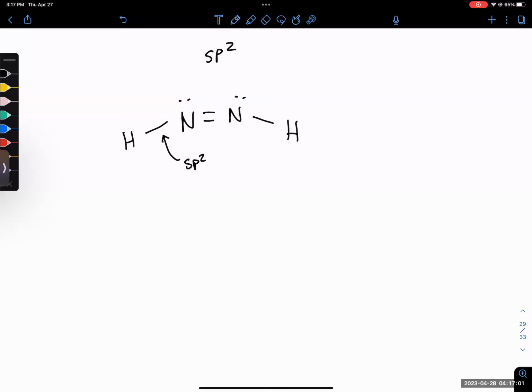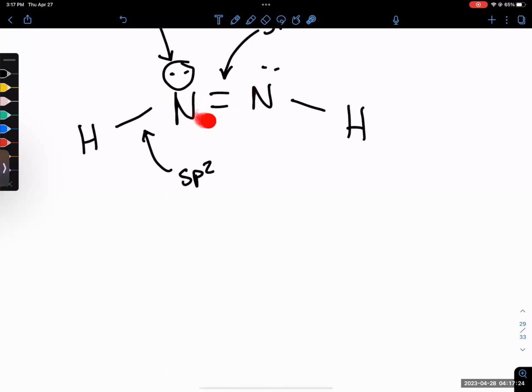How many sigma bonds are in the double bond? 1. So that's composed of an sp2 hybrid orbital. And we know that our electron pair must reside in what kind of orbital? The same kind, sp2. The only electrons that are not in a hybridized orbital are when you have either a double or triple bond, they're going to be in your p orbitals.